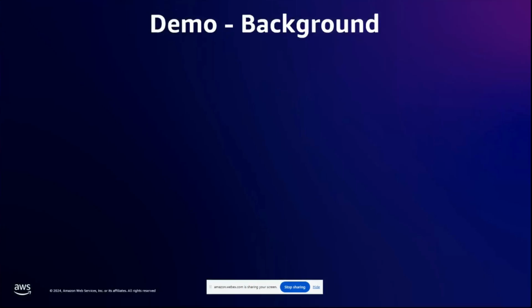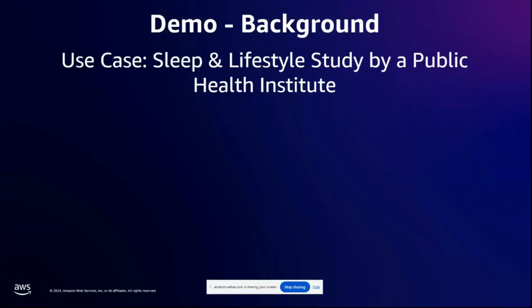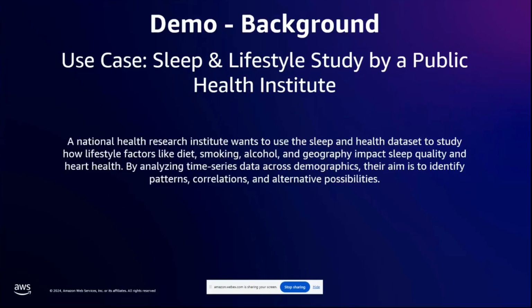And with that, what we are looking at today is building our demonstration in scenarios around the public sleep and lifestyle study by a public health institute. Their use case is pretty straightforward. They want to see how lifestyle factors like diet, smoking, alcohol consumption, and geography can impact sleep quality and heart health.